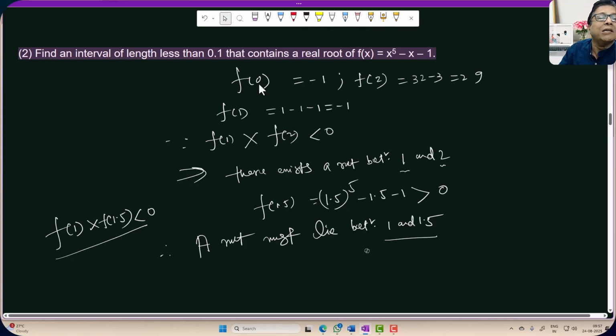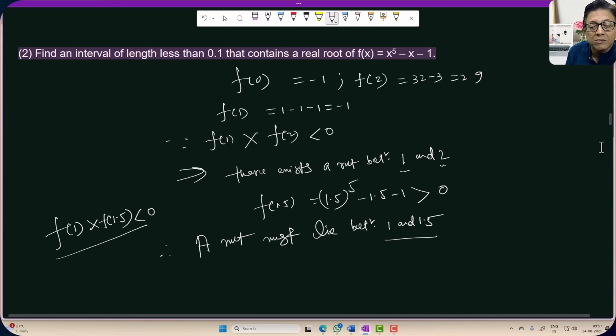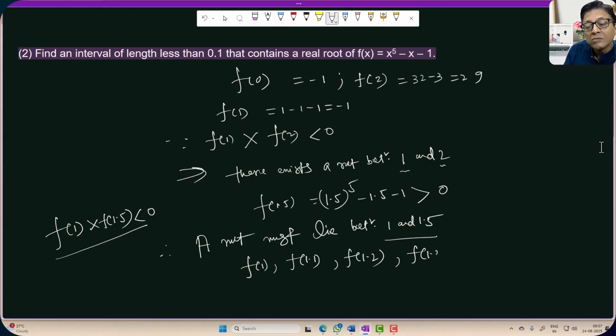But the question is, find an interval of length 0.1. So you check it with f(1), f(1.1), f(1.2), f(1.3). f(1.5) you already saw is positive. f(1.4) you can check.